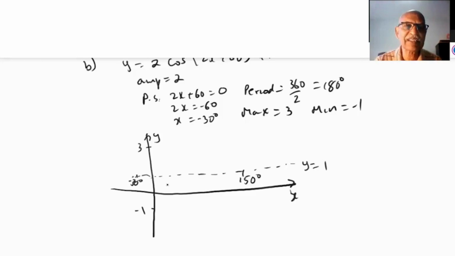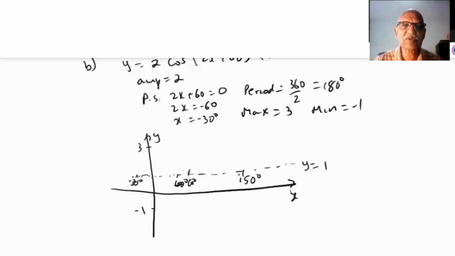So we have to find the other 3 points. Remember, we add the two ends: negative 30 plus 150 is 120, divided by 2 is 60. That's the middle one.